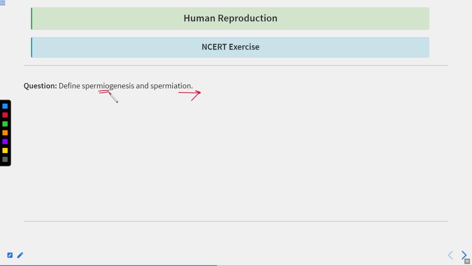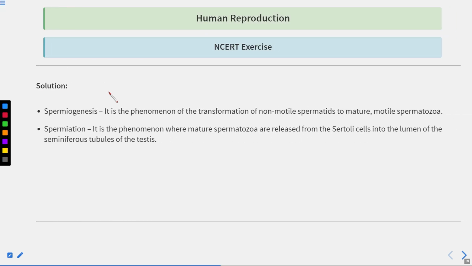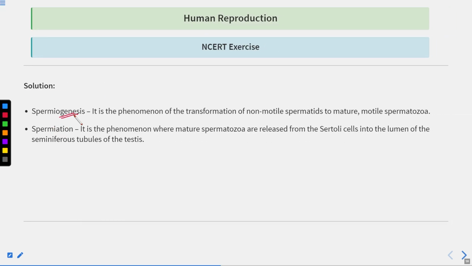Next question, define spermiogenesis and spermiation. We already know about spermiogenesis. Let's talk about spermiation also. Spermiogenesis is the phenomenon of the transformation of non-motile spermatids to mature motile spermatozoa. Clear? So spermatids, which were haploid, are produced through meiosis. That's why they are haploid.